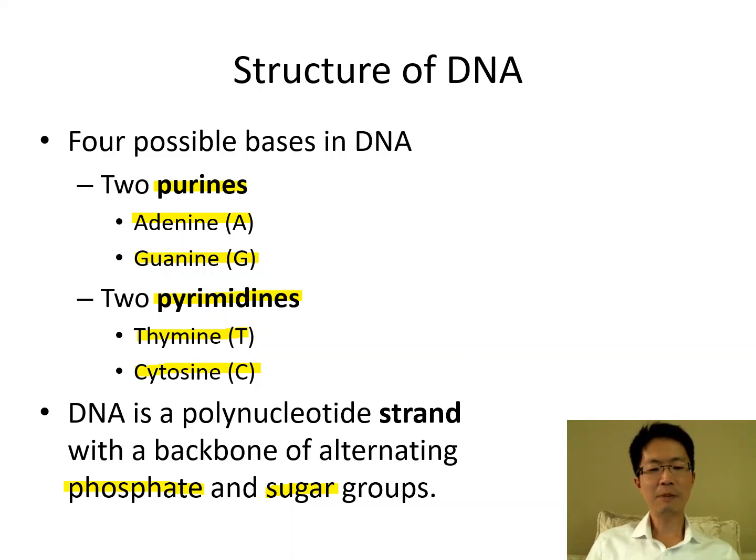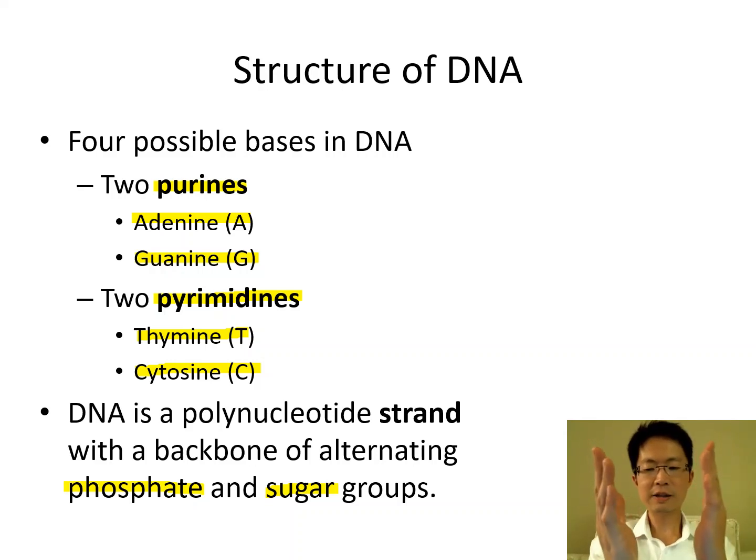So okay, you have one backbone here, and this is the sugar and phosphate backbone, and then you have the bases sticking out like this. These are the nitrogenous bases. And then you have another sugar phosphate backbone here, and you also have other nitrogenous bases here.